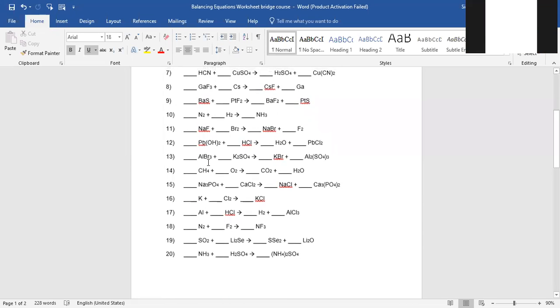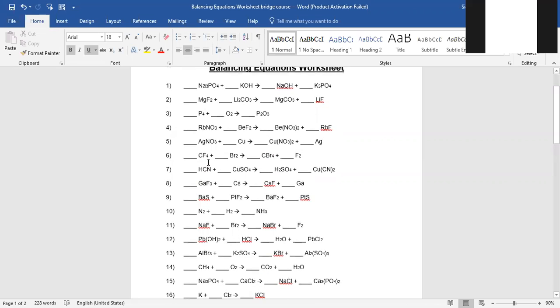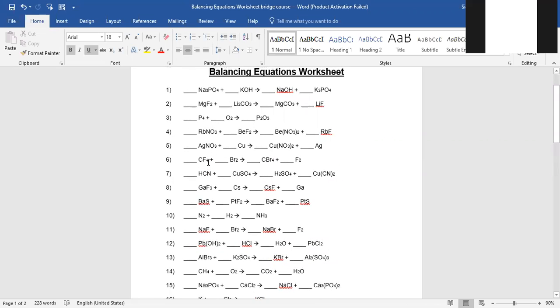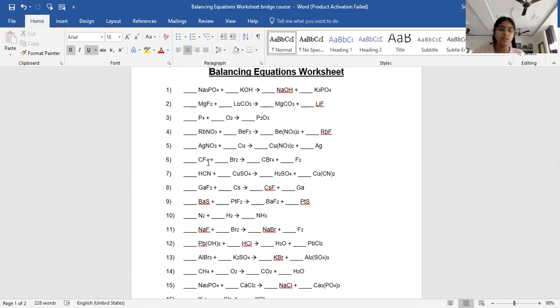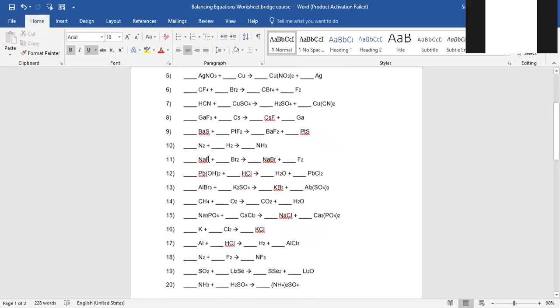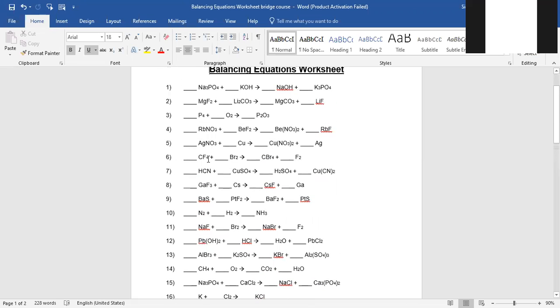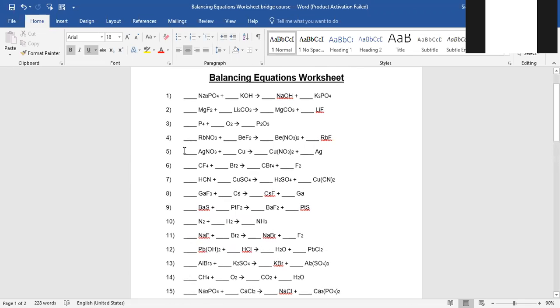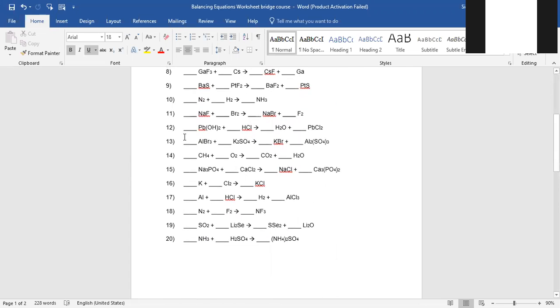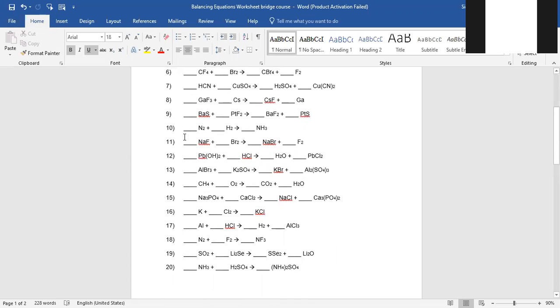So total 20 are there. Solve these 20. And if you can solve directly now, you can do that also. Sir, can you show 16 to 20 once? Yes, sir. The better thing is I will provide this worksheet in the group now itself. You can take the printout, or you can copy each and every question in the class workbook. That's also fine. Last time I said and I missed it, right?